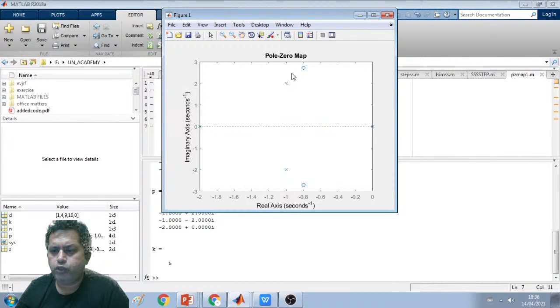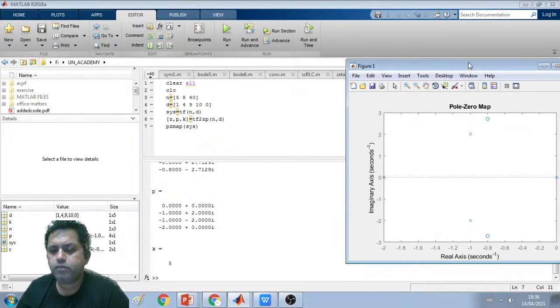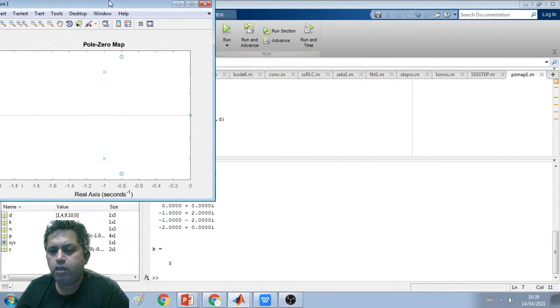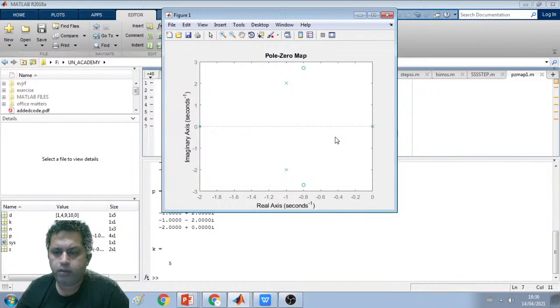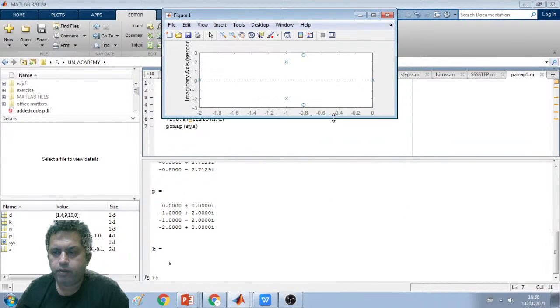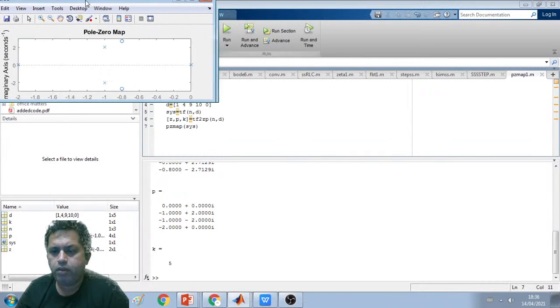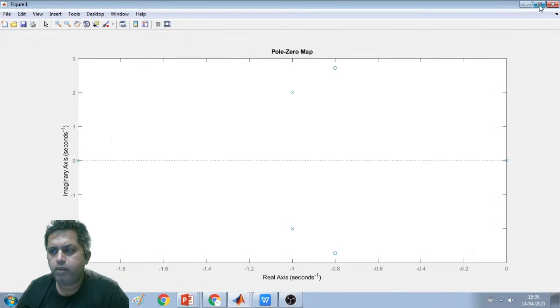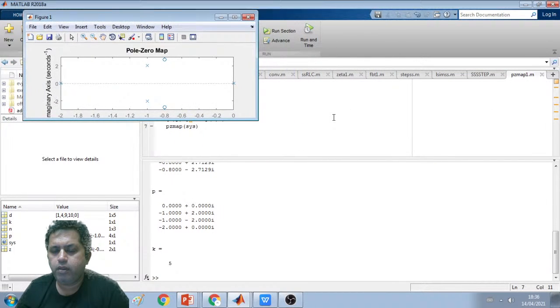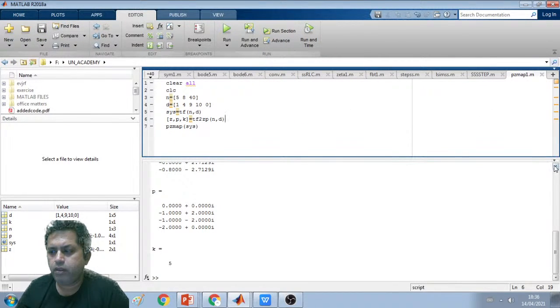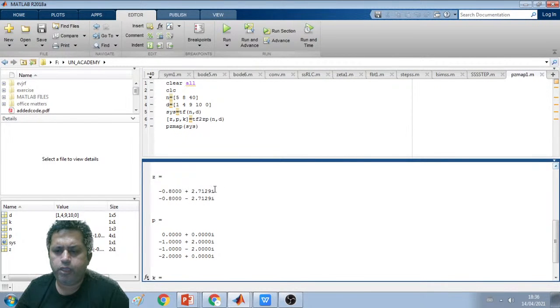This is a pole zero plot. How many poles do you see here? These are zeros. How many zeros? Two zeros, complex conjugate. How many poles?